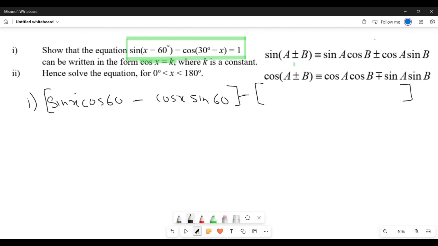Now cos(30 − x) would be cos 30 cos x plus sin 30 sin x. Now let's find the value of cos 60, sin 60, then cos 30 and sin 30.